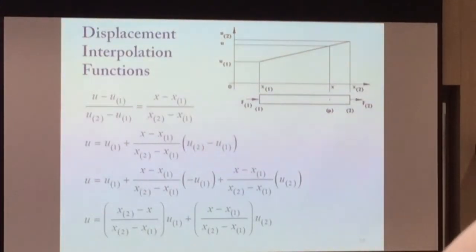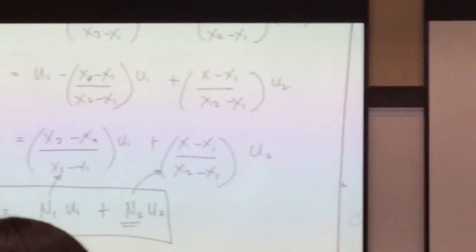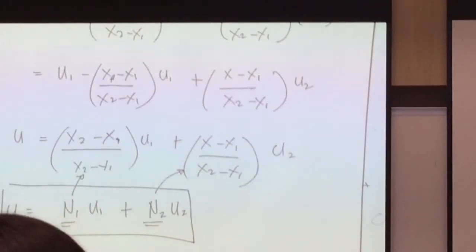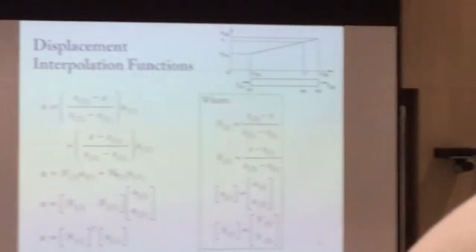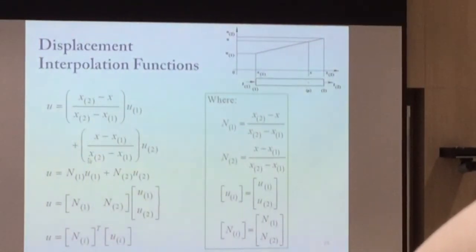So this is the thing that we want to achieve. We now have an expression for the N1 and N2 shape functions. What does the shape function mean? Before that, let's have this discussion first. This one is your N1. This one is your N2 shape function.